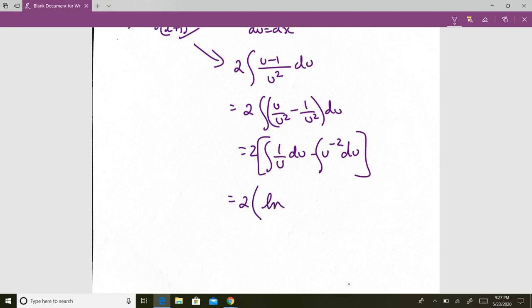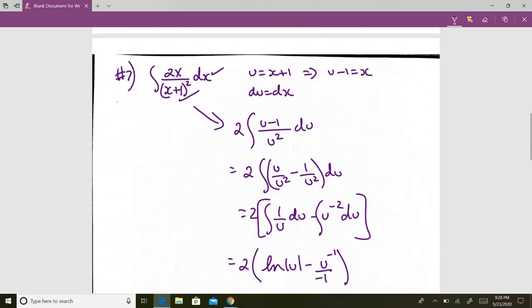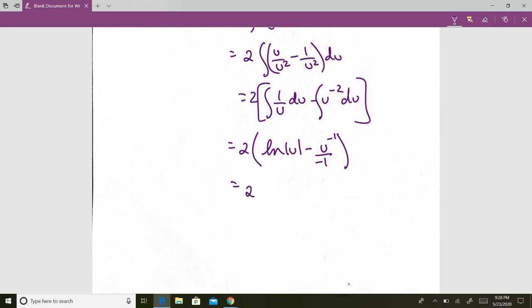First integral becomes natural log of u, minus this one, you add 1, divide by 1. So I get u to the negative 1 divided by negative 1. Right? Sub back in what our u is. What was our u? x plus 1. So 2 natural log of the absolute value of x plus 1.